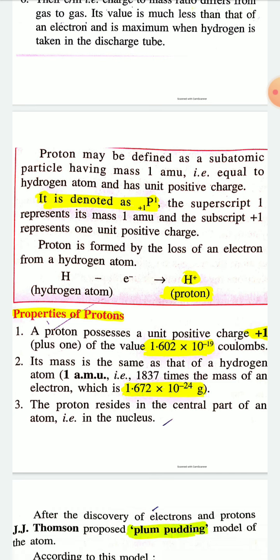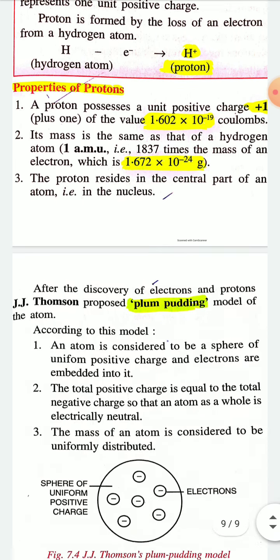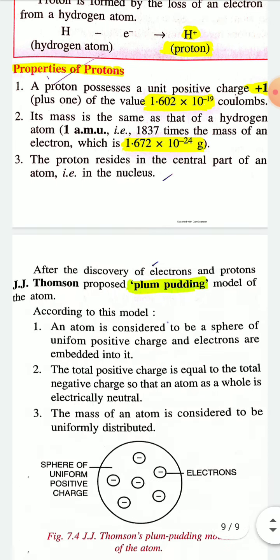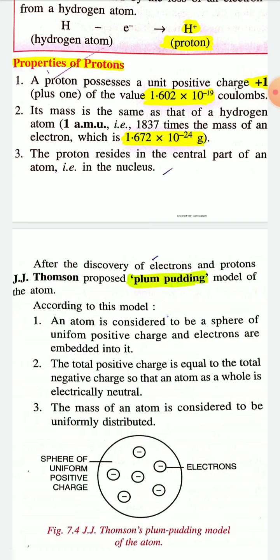So now, properties of proton. Protons possess a unit positive charge, that is, the charge of proton is plus 1, and in coulomb unit the charge of proton is 1.602 into 10 to the minus 19 coulomb. The value of charge of proton and electron are the same, but you have to give a negative sign for the charge of electron.